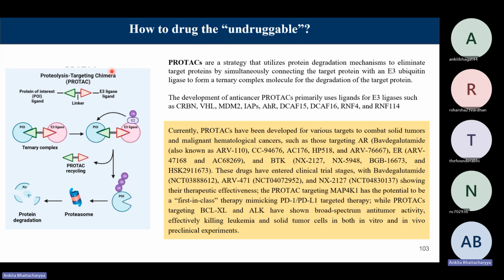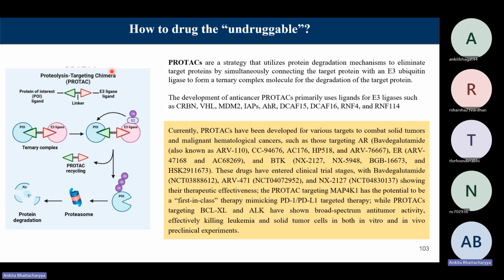Now, chimera is basically a fusion product. You would understand it if you have already studied a little bit about recombinant DNA technology. A chimera does not have one unique moiety, but is a combination product of more than one type of thing.